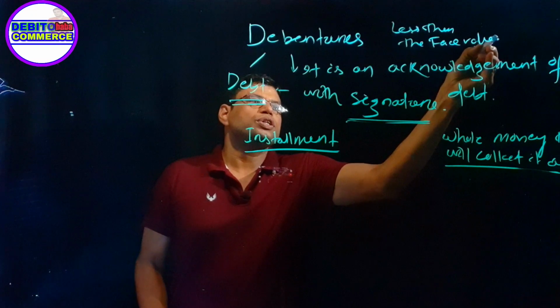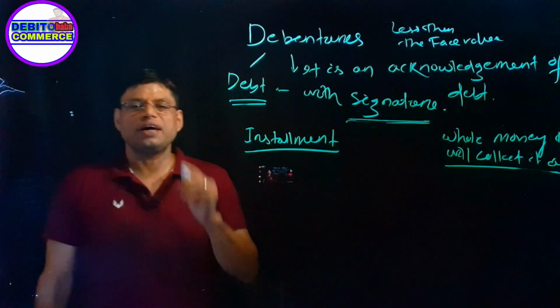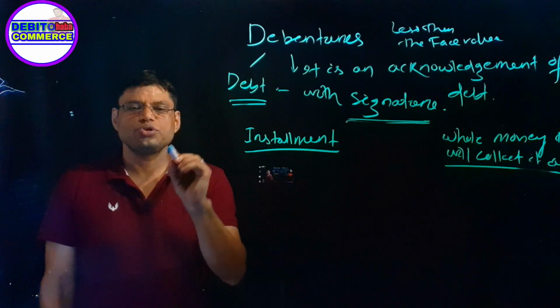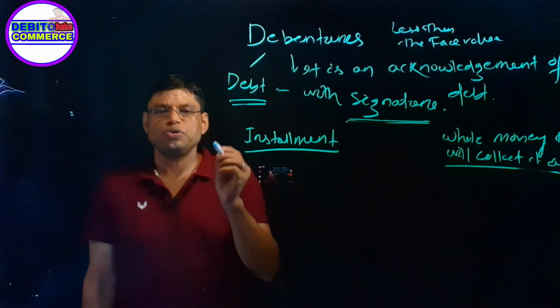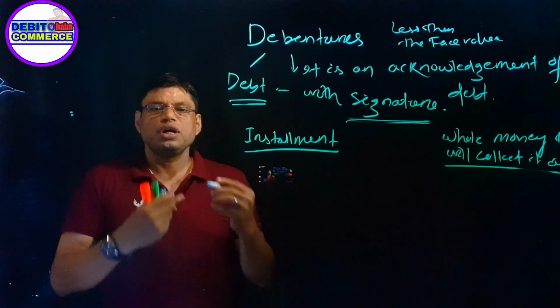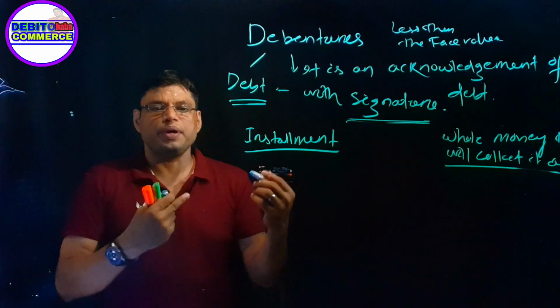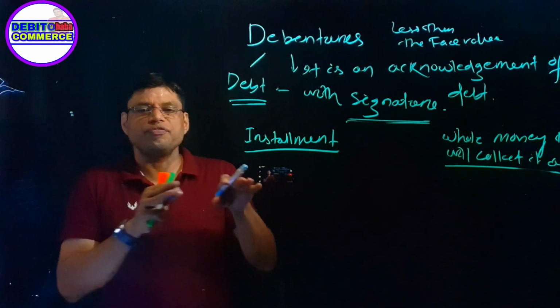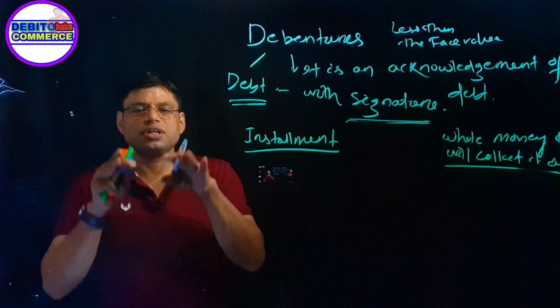If the company issues debentures less than the face value, it is known as debenture issued at discount. If more than the face value, it is known as issued at premium. If at the same face value, it is known as issued at par.